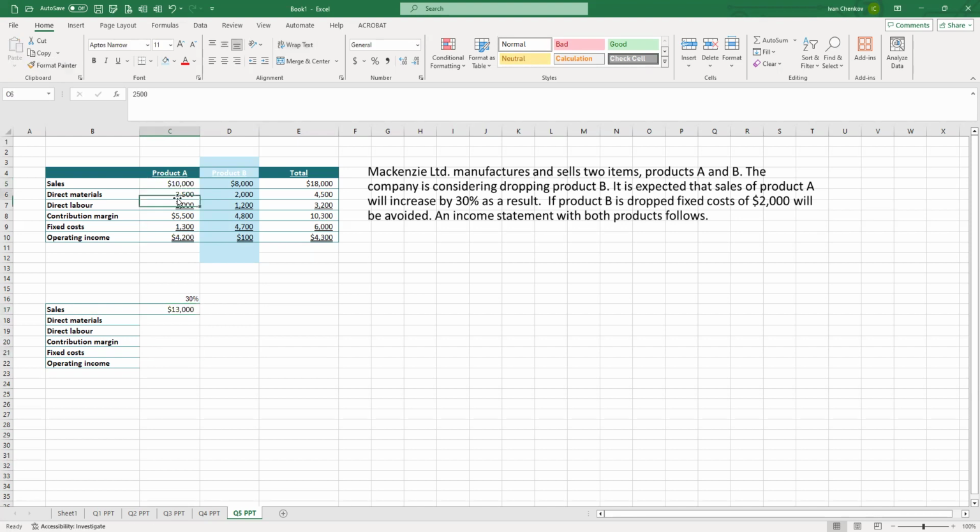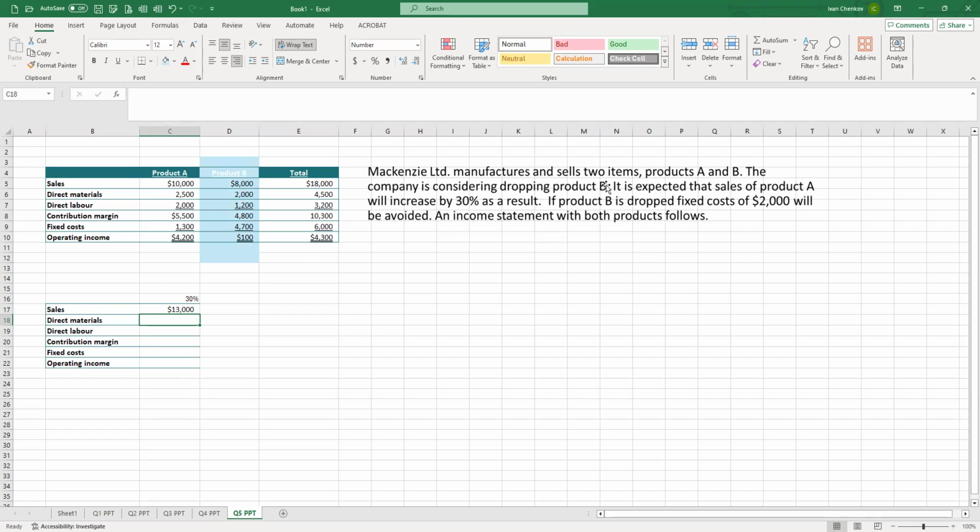Increase in sales. What's going to happen with the cost? How much will be my variable cost? Sales of product A will increase by 30%. Is my direct labor and material also going to increase by 30%?